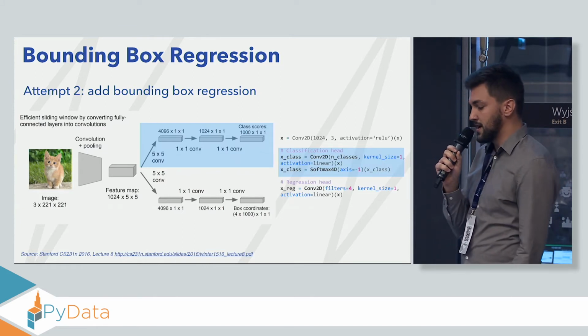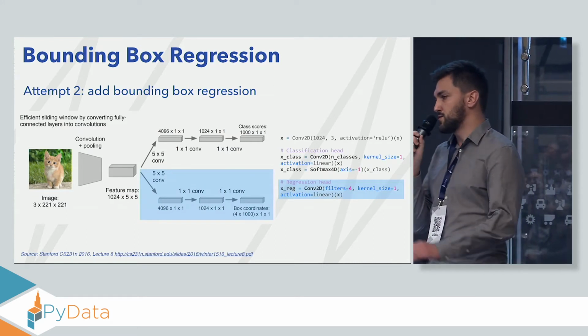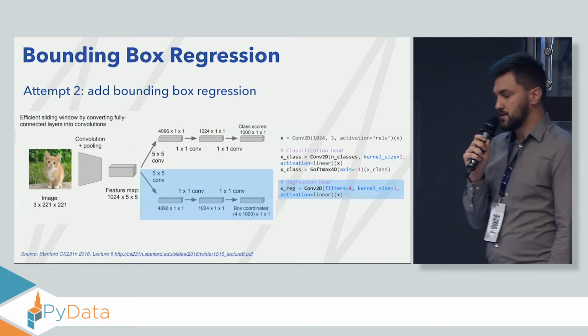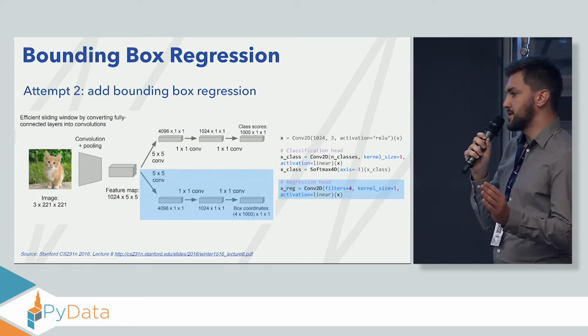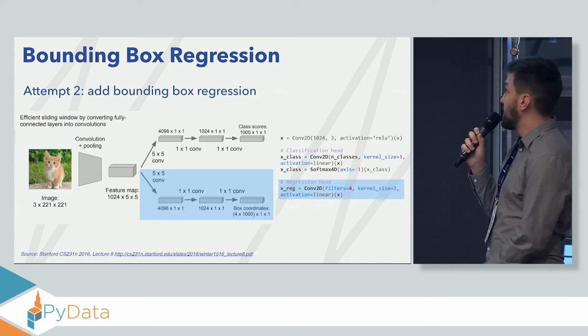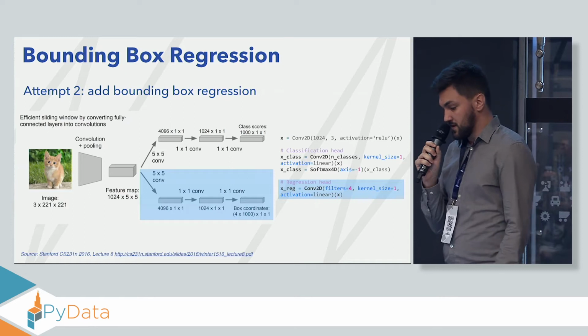And now we add this regression head that also, based on the output of intermediate layers of the convolutional neural network, provides 4 numbers that correct the bounding boxes that would be produced by just classification for a given image.